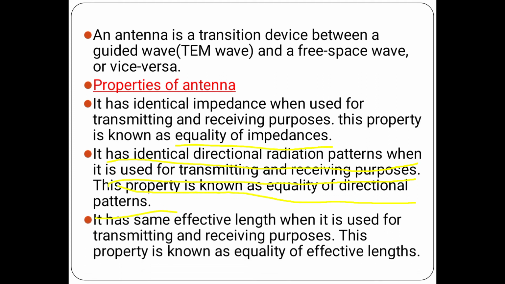Next, it has the same effective length when used for transmitting and receiving. This property is known as equality of effective length. This is about the properties of an antenna.